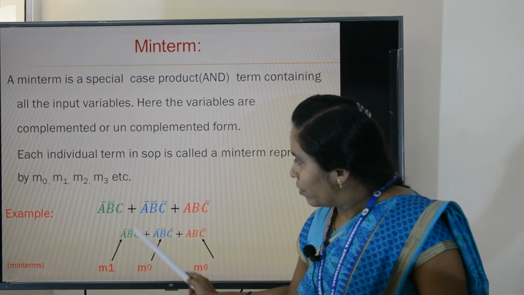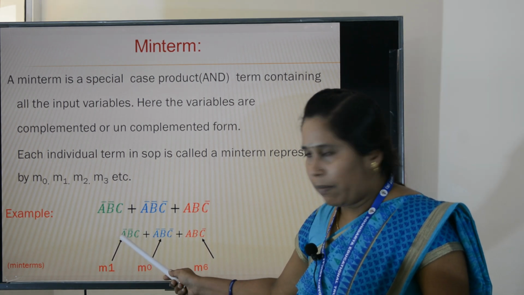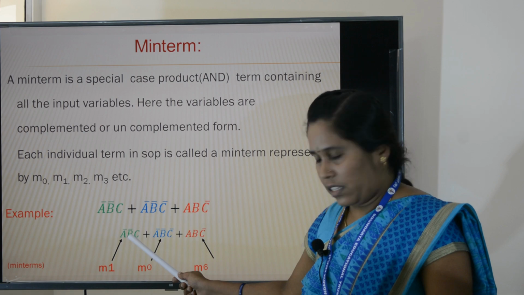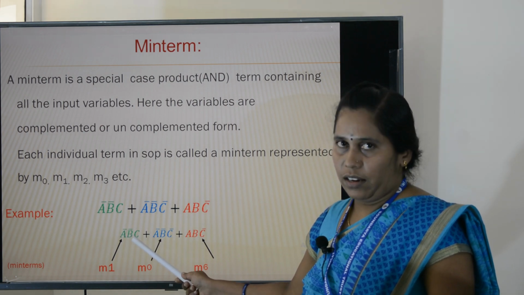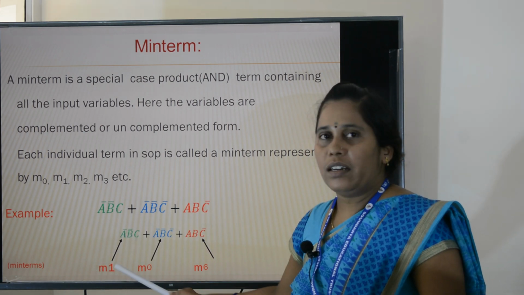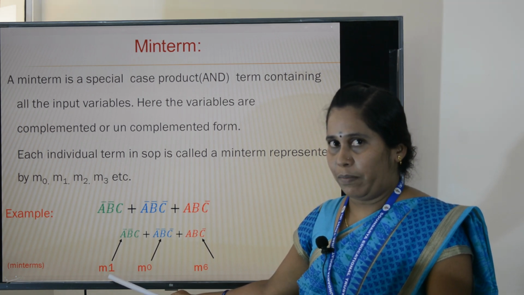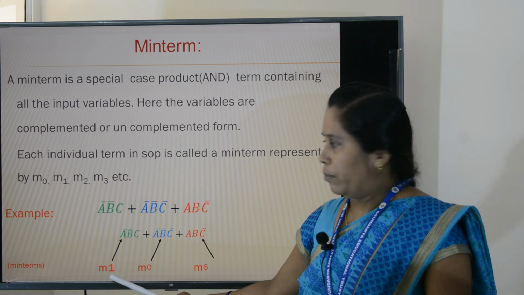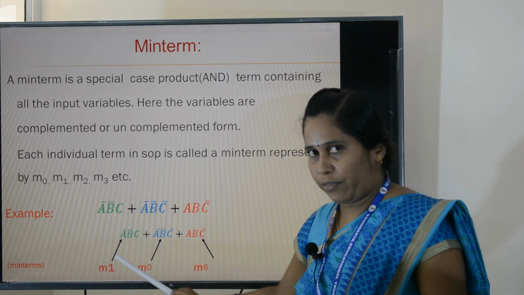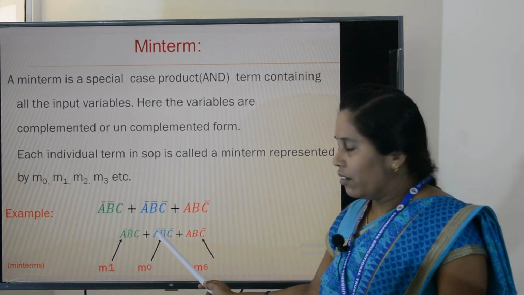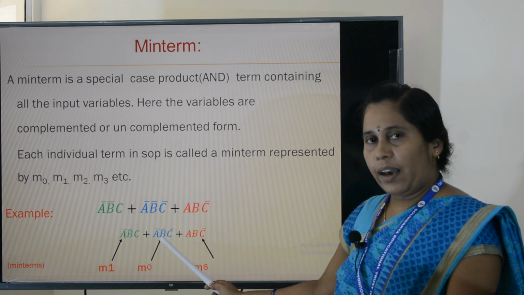So the first minterm: A bar is 0, B bar is 0, and C is 1. So this is nothing but minterm M1. The minterm is always represented by small letter m. So M1 is the minterm of the first product term. The second one is A bar, B bar, C bar.